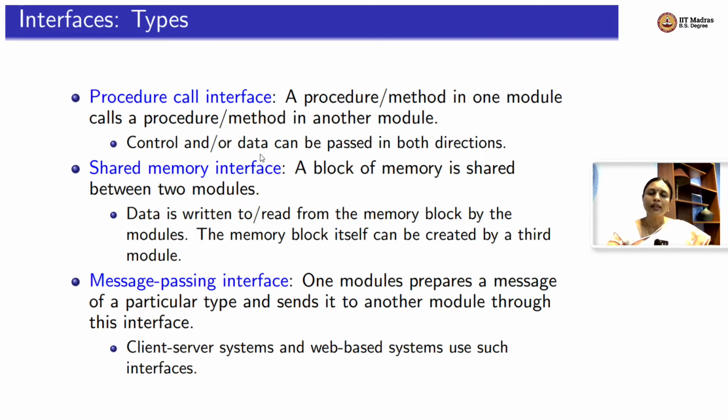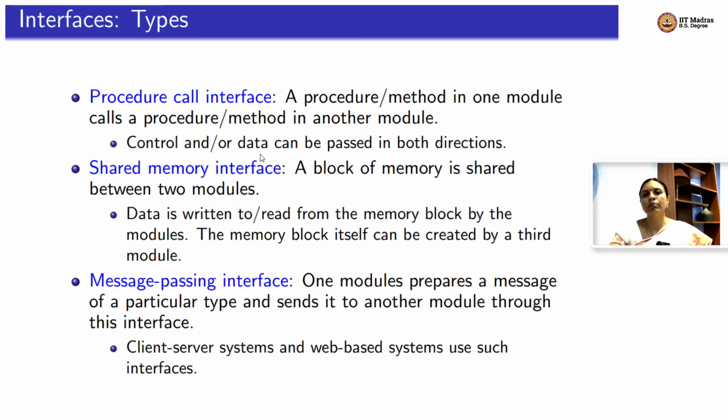So let's spend a little time understanding what would be the types of interfaces that occur between the modules. The most standard thing is the procedure call interface, where one function or a procedure or a method, as I told you, we'll use these terms synonymously, in one module just calls another procedure or a method in the other module. So let's say procedure A calls procedure B in the other module, and in the process of this call, it uses some variables.